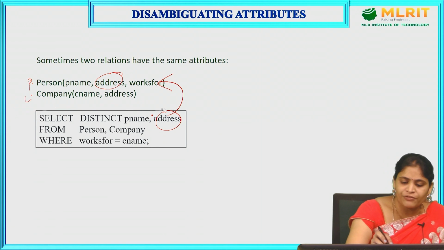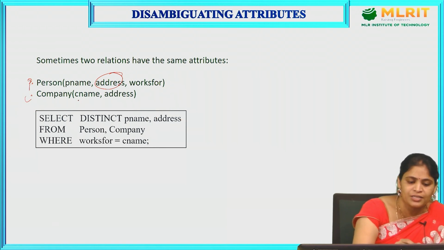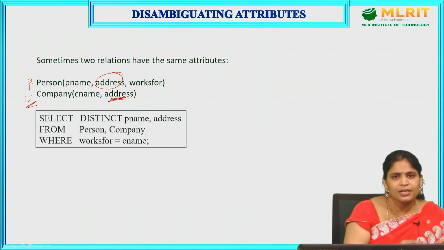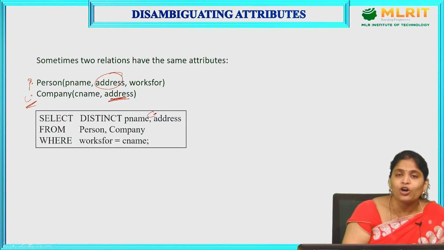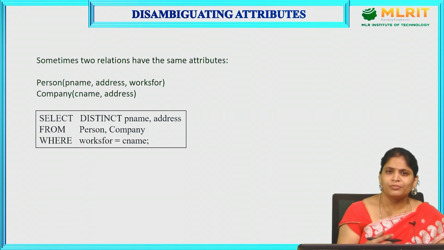Or if I want to retrieve the address from the company table, the variable I declared is C, so I should mention C dot address. In this manner, we can rectify the ambiguity.